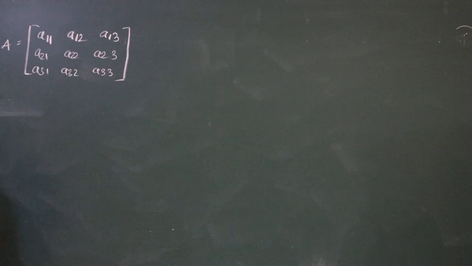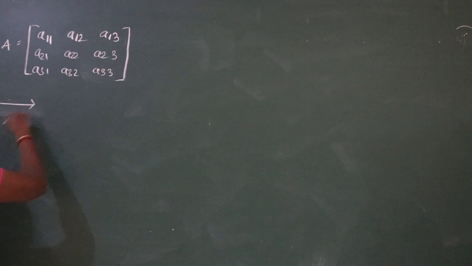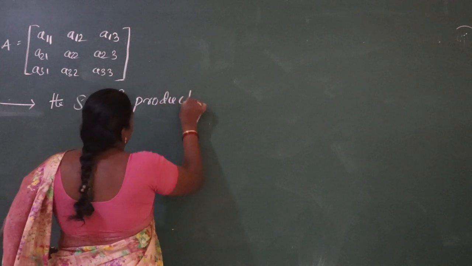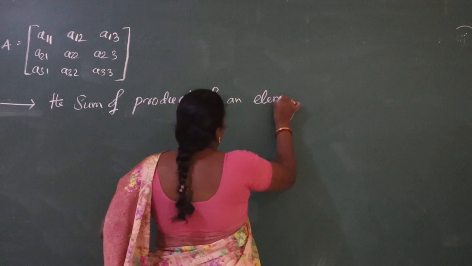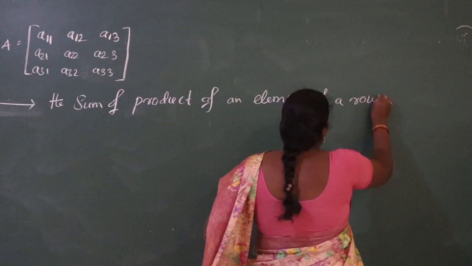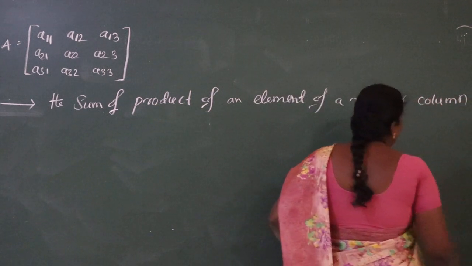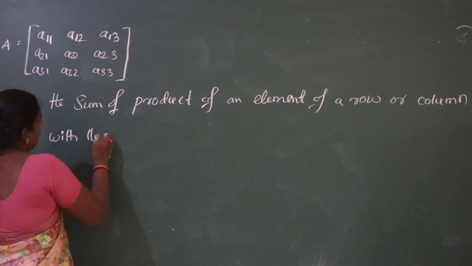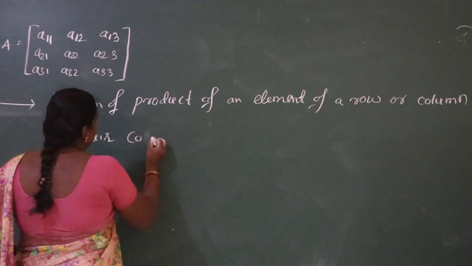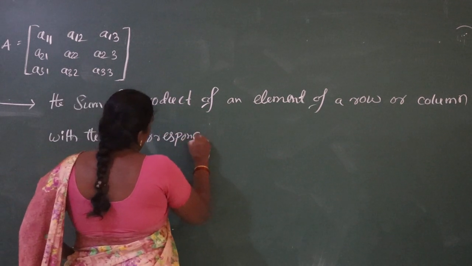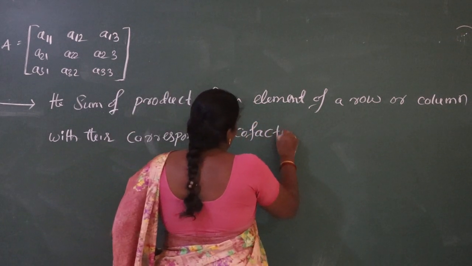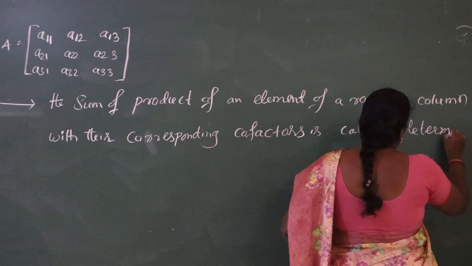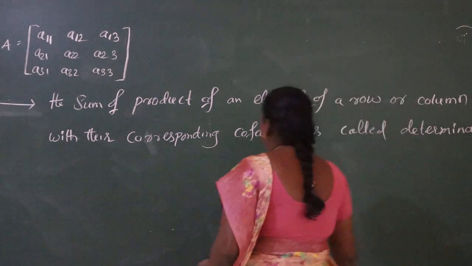First I will write the definition here. The sum of the products of the elements of a row or column with their corresponding cofactors is called the determinant of that matrix.